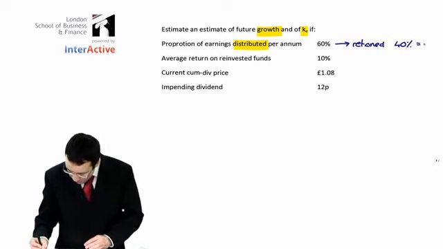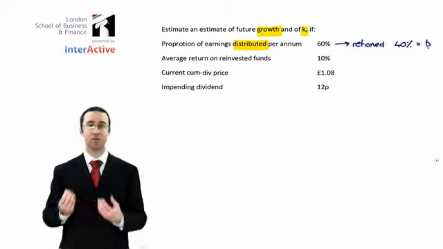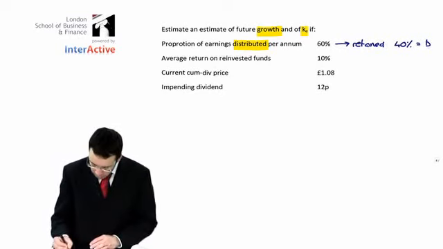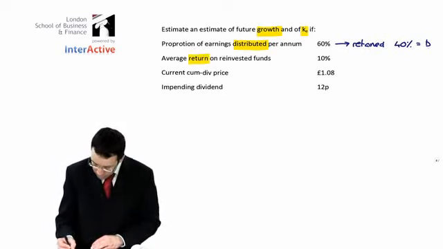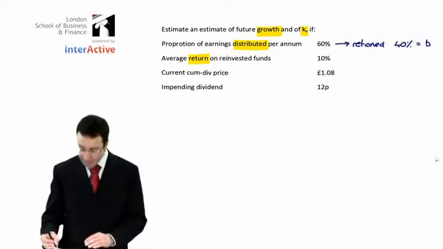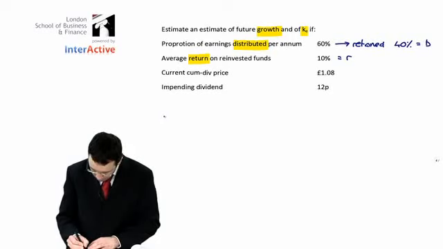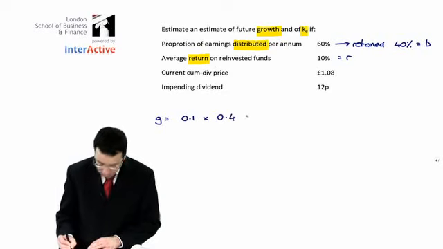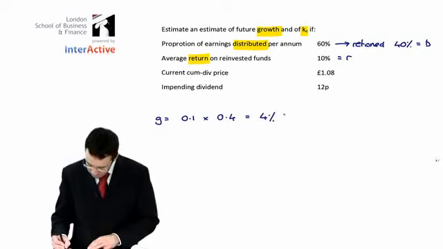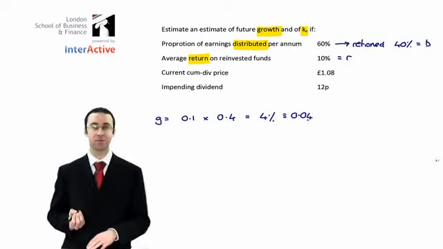So B is equal to 40%. We're told that the average return on funds is 10%, so R is equal to 10%. So my growth rate is R multiplied by B, so 0.1 multiplied by 0.4, which works out at 4%, the equivalent of 0.04 as a decimal.